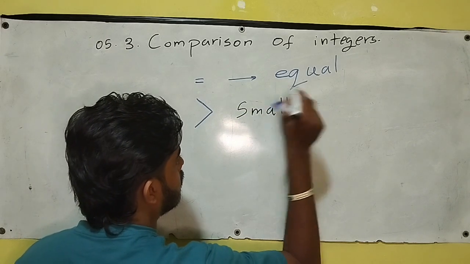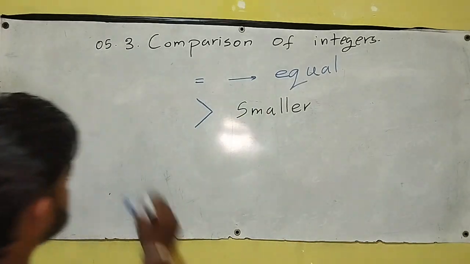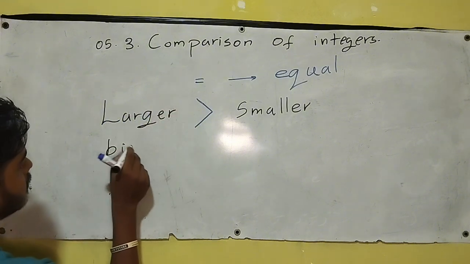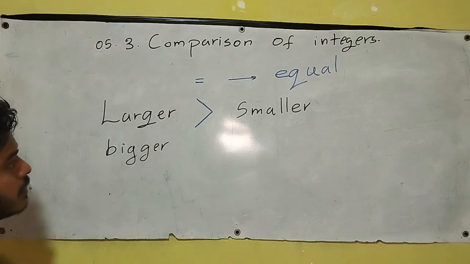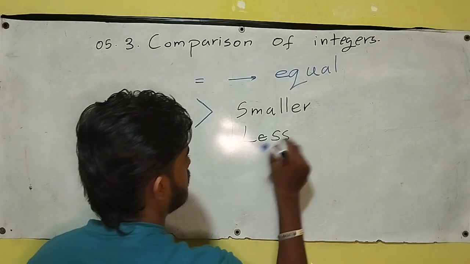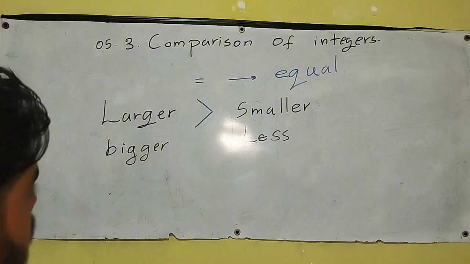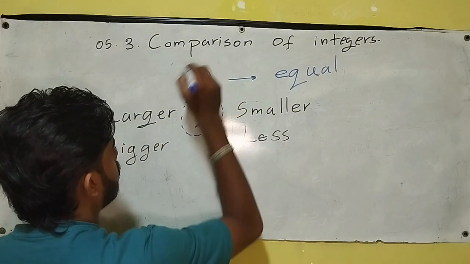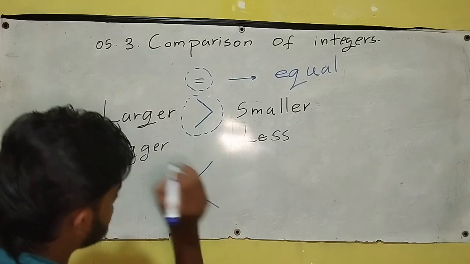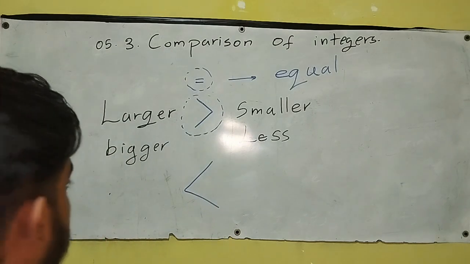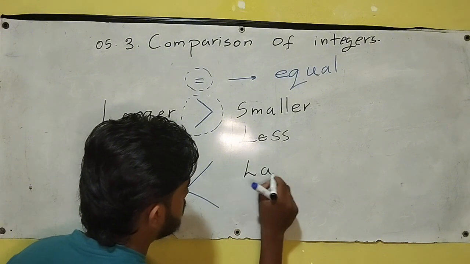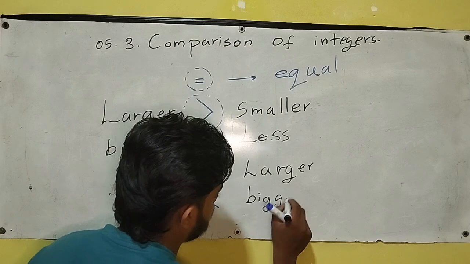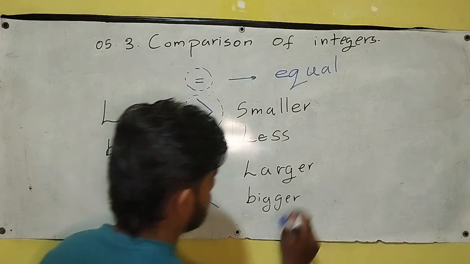Smaller side. This is larger or bigger or less. How about these? Now what happened? Now this side larger, bigger, as well as we can say what?